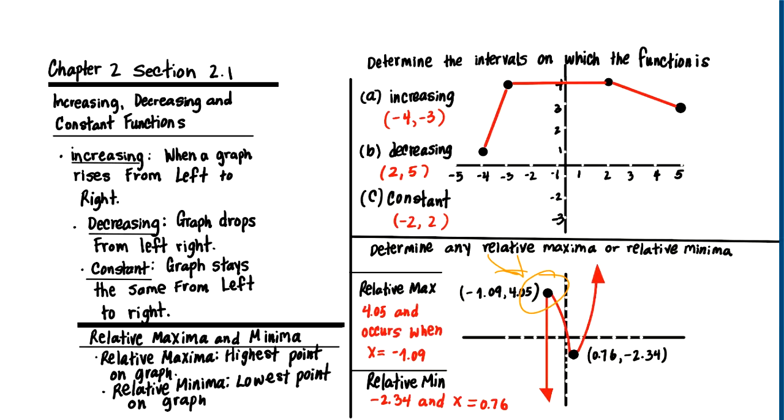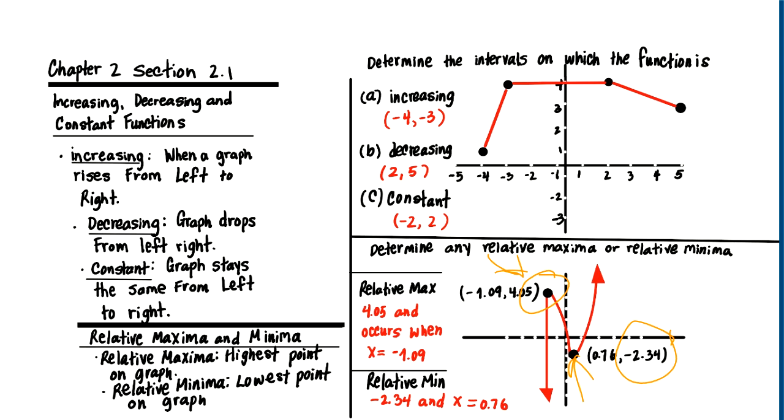Now I'm going to look at my lowest point. This is my lowest point here. And remember, I'm only concerned with what y is because y is my lowest point. The relative maximum, that's where we plot the point. That's why we say relative max, what is your highest point?